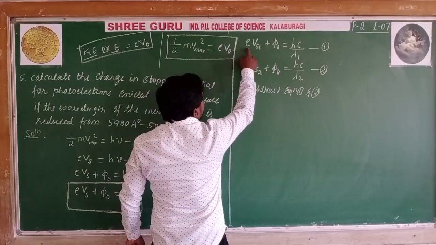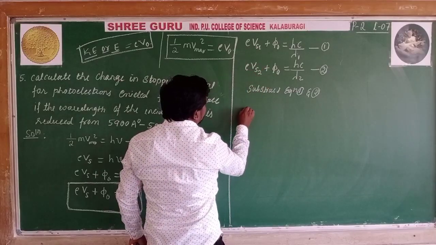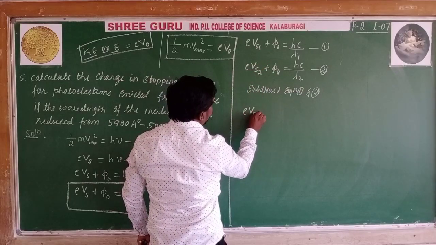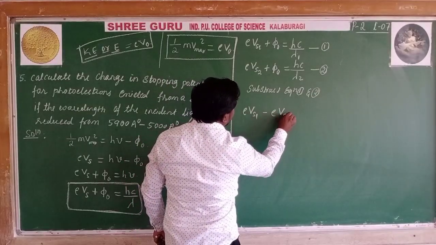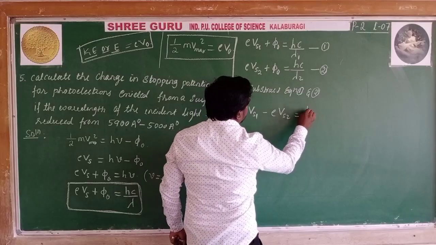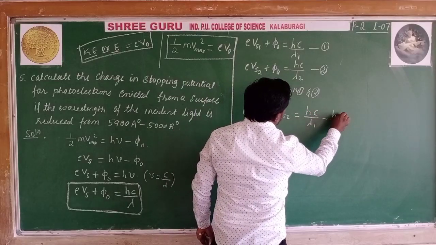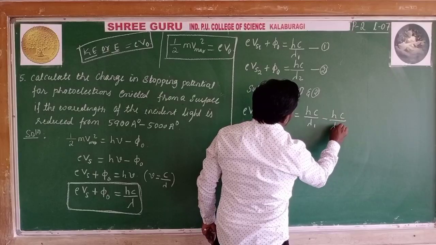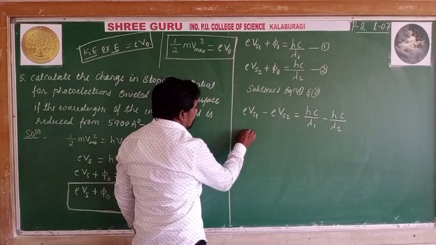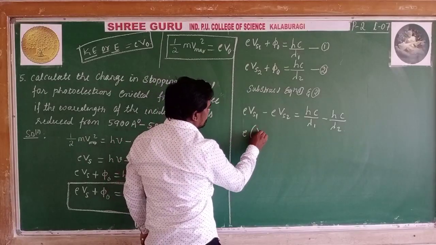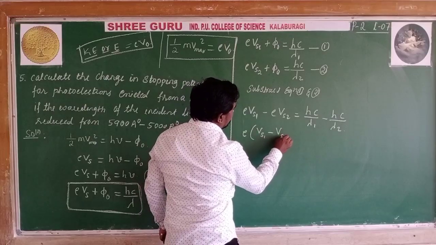It becomes e Vs1 minus e Vs2, which is equal to h c by lambda 1 minus h c by lambda 2. Now e is common: e times stopping potential 1 minus stopping potential 2.